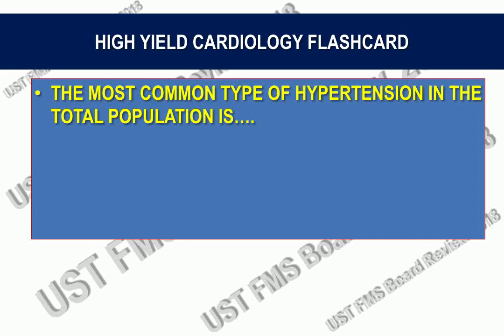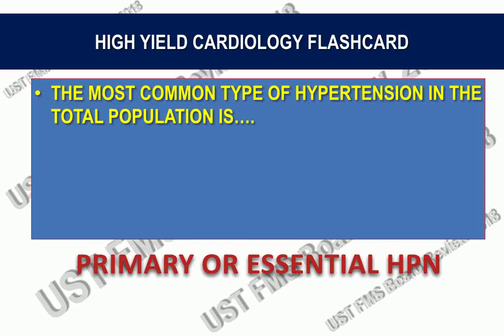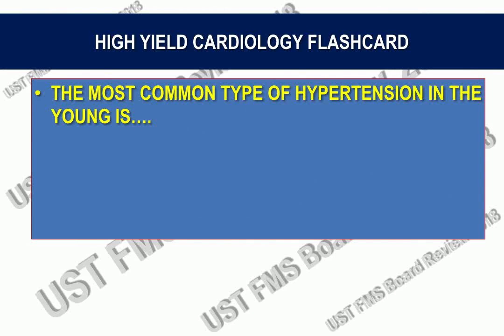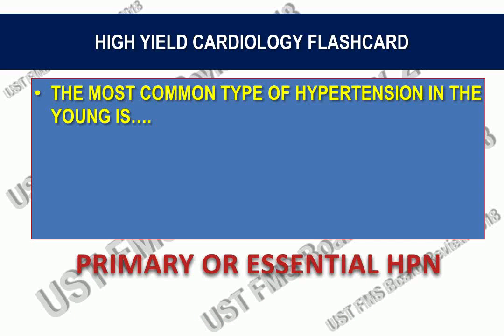So the most common type of hypertension in the total population is the primary or essential hypertension. What about the most common type of hypertension in the young? It is still primary or essential hypertension.